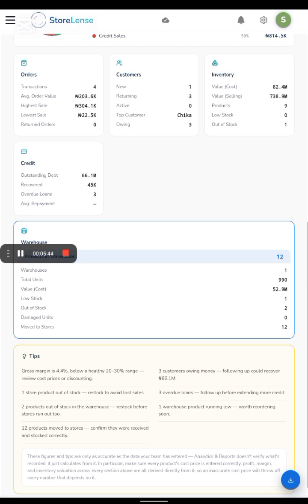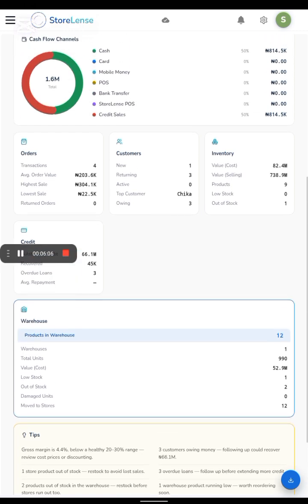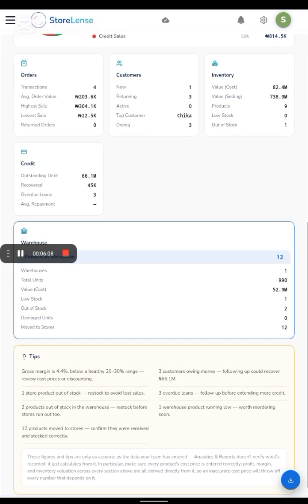Then under the inventory, you will see the cost value of all the items that you are selling. Then the selling value will also be calculated, and the difference between the cost value and the selling value. We all know that while registering your products, you have to input the cost price and the selling price.